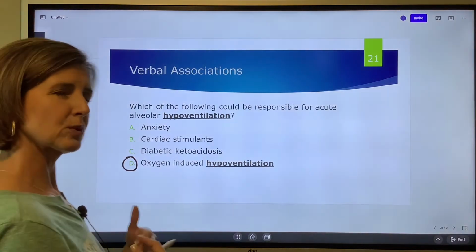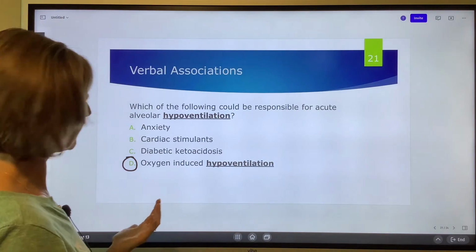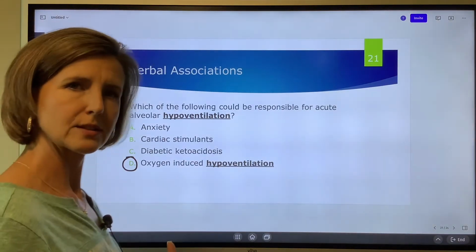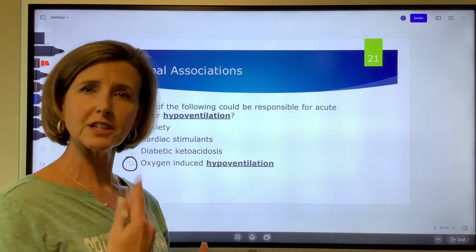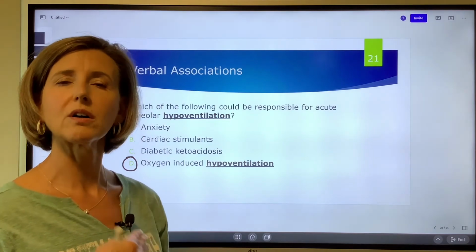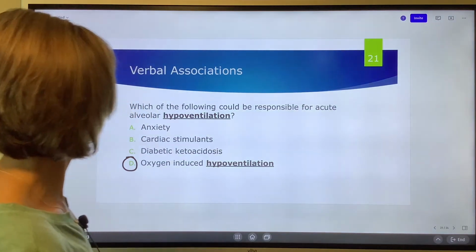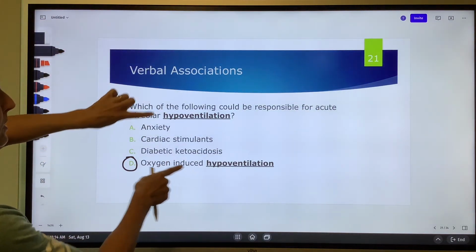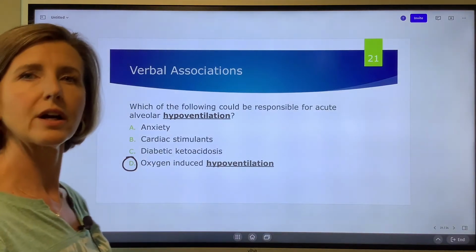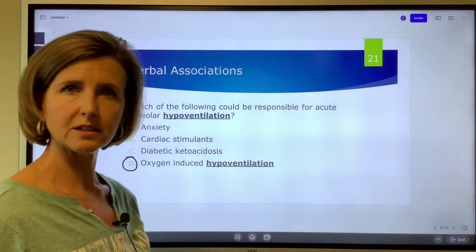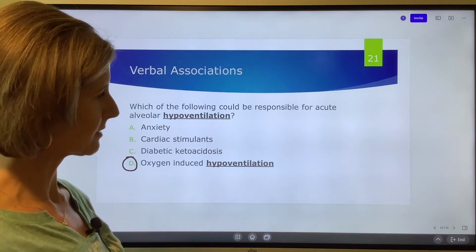Cardiac stimulants really have more to do with the heart than the lung. And then diabetic ketoacidosis will cause the patient to increase their respiratory rate, which will cause hyperventilation. All right, so those verbal associations sometimes are a good way to increase your chances of getting a question correct.